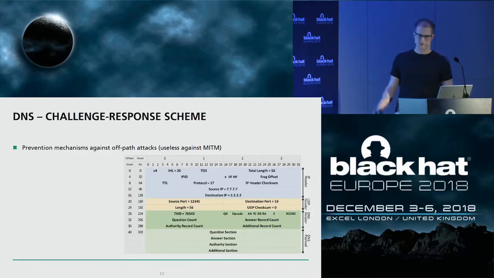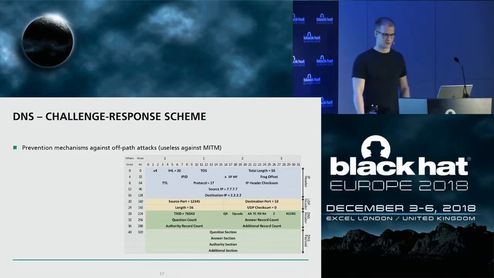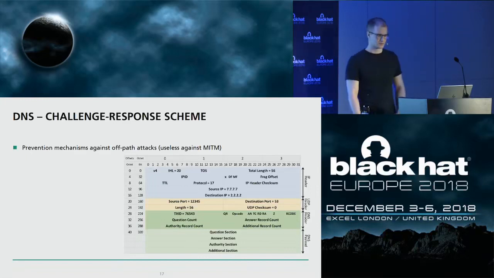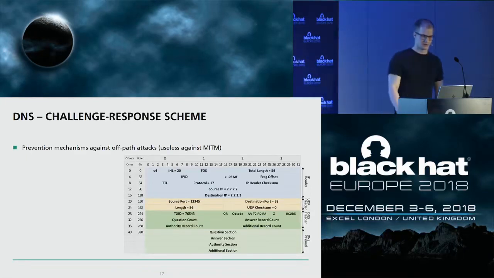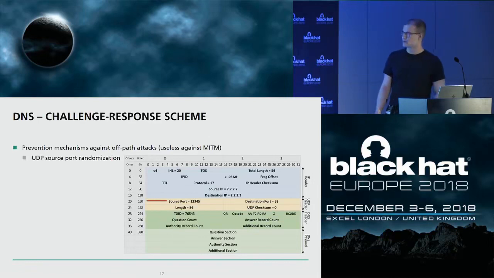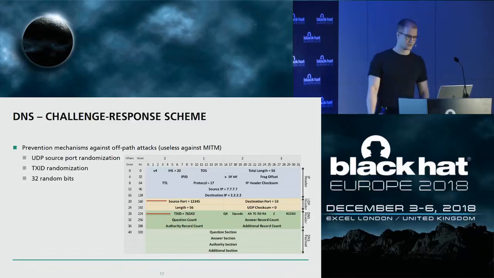You see the IP header, it's the blue thing, UDP header, it's the yellow thing, and the greenish thing is the DNS message itself. The mentioned challenge response scheme utilizes UDP source port randomization, as well as transaction ID randomization, and together these values give us up to 32 random bits.